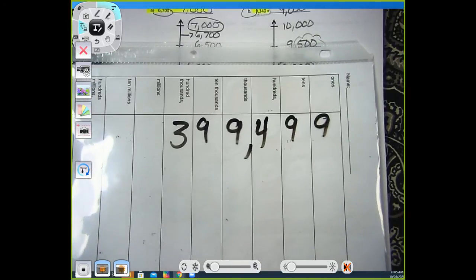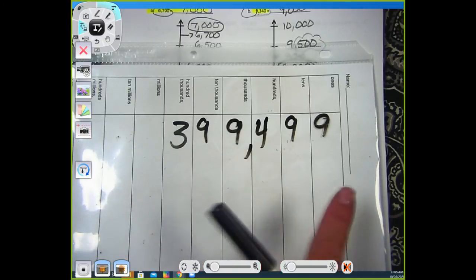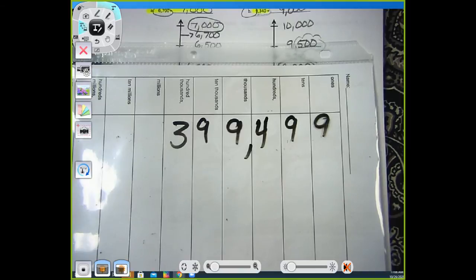What digit is in the thousands place? Lily, what digit is in the thousands place of the number? What did you say? You're kind of quiet. What digit is in the thousands place of the number?